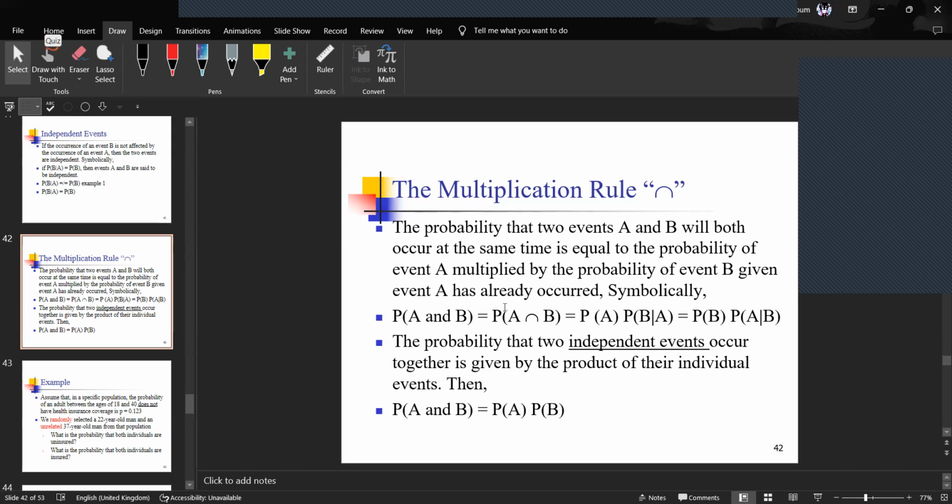The equation for that is the probability of A multiplied by the probability of B given that A happens. It can also be the probability of B multiplied by the probability of A given that B happens. Now if A and B are independent, then the probability of A and B is equal to the probability of A multiplied by the probability of B.